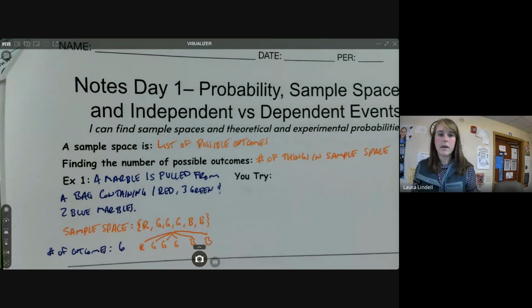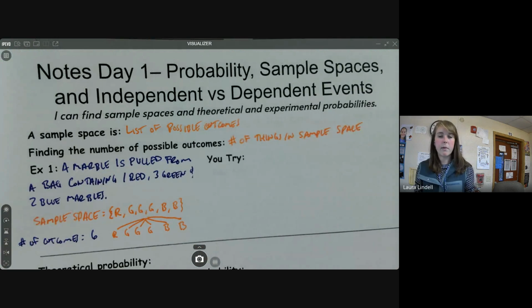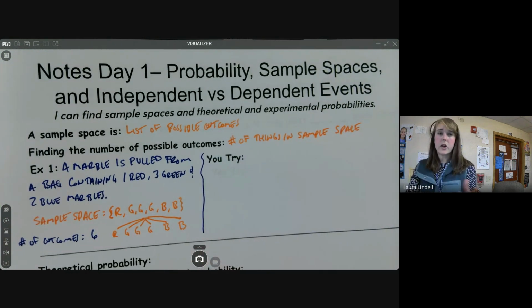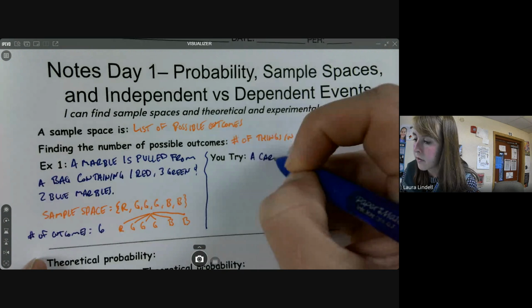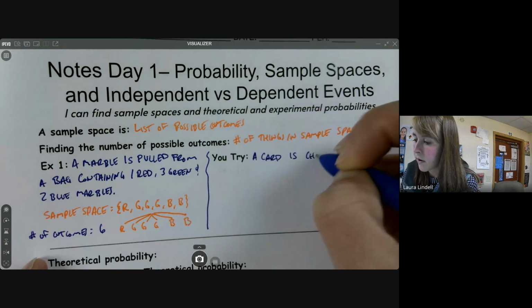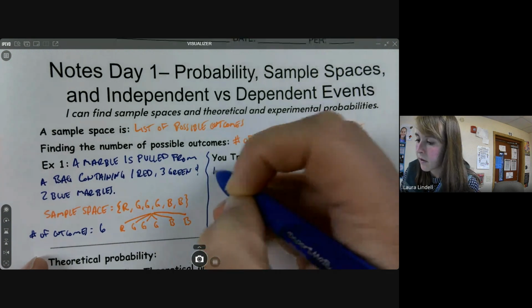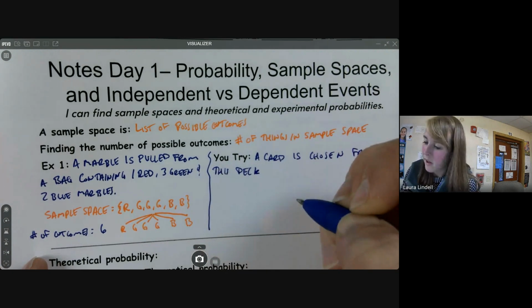All right. So go ahead, pause the video, or actually don't pause the video, just kidding. We have to write down the problem first. You're going to try one next though, on your own. So this time, let's say you're picking a card. A card is chosen from this deck. It's going to be a special deck of cards.